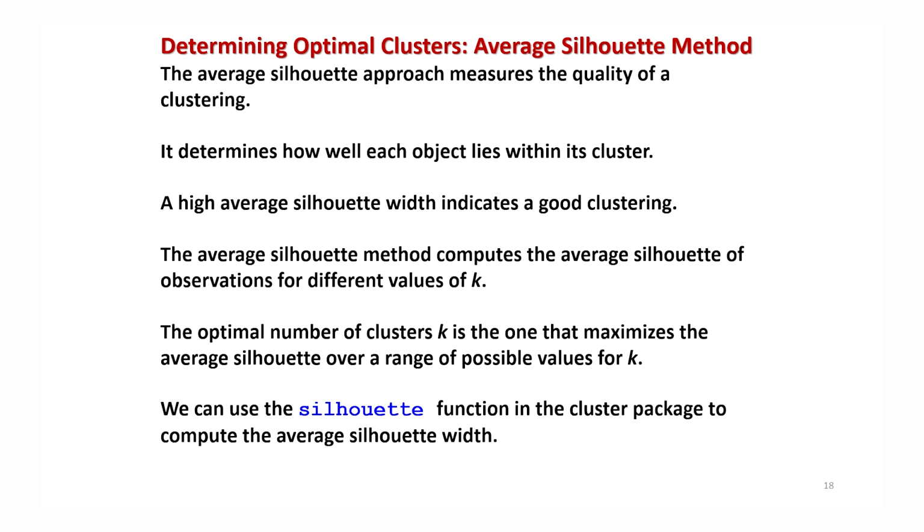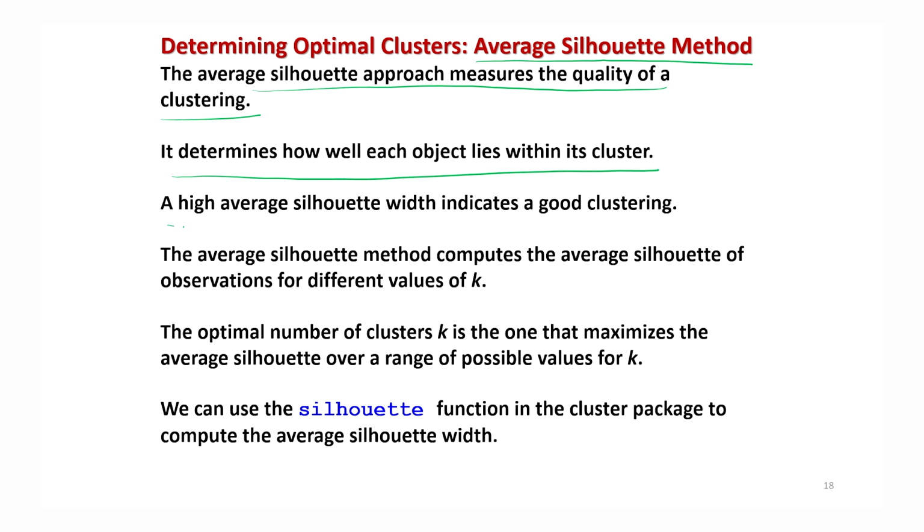Then there is another method, which is the average silhouette method. In this average silhouette approach, we measure the quality of a clustering, and it determines how well each object lies within its cluster.